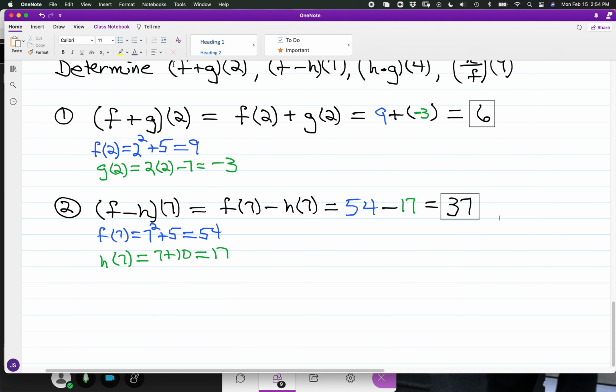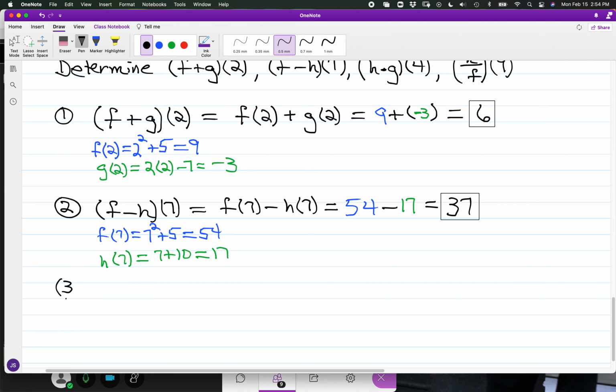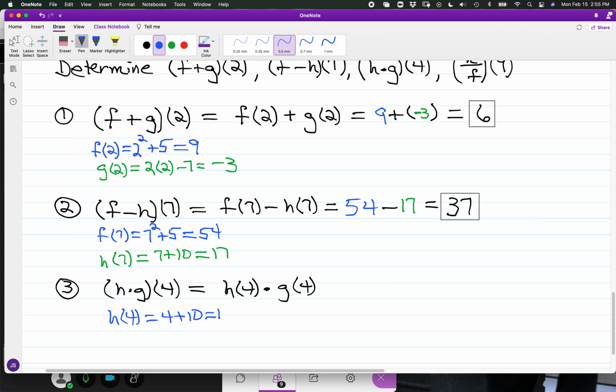Now in the case of h times g of 4, this is going to translate out to h of 4 times g of 4. Again, h of x we have stored as x plus 10. So for h of 4, this is going to be 4 plus 10, which is 14.